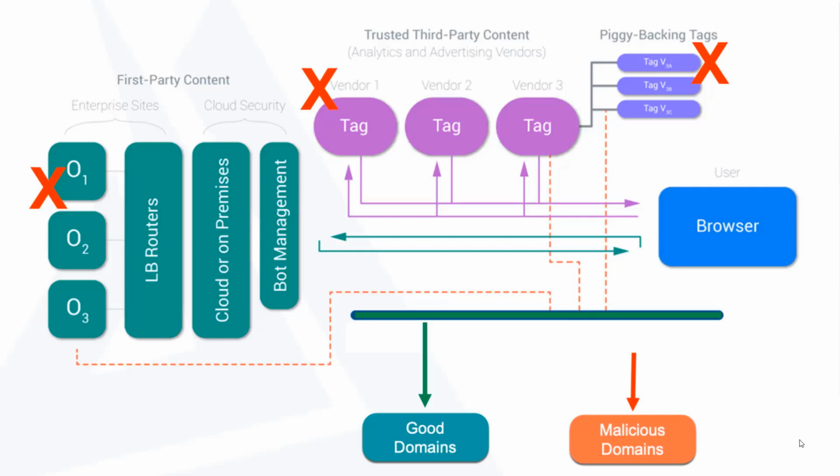The browser is requesting these things, but the tag or the piggyback tag domain that's been specified, if it's a malicious one, never goes back through your enterprise security or your cloud security. So it goes directly. But what we're going to do is show how a content security policy actually blocks those domains that are malicious or unknown and still allows the good domains to filter through and provide all that functionality you've been used to.